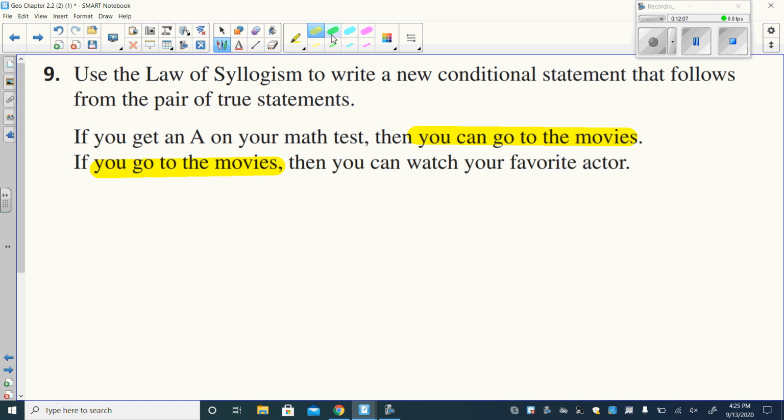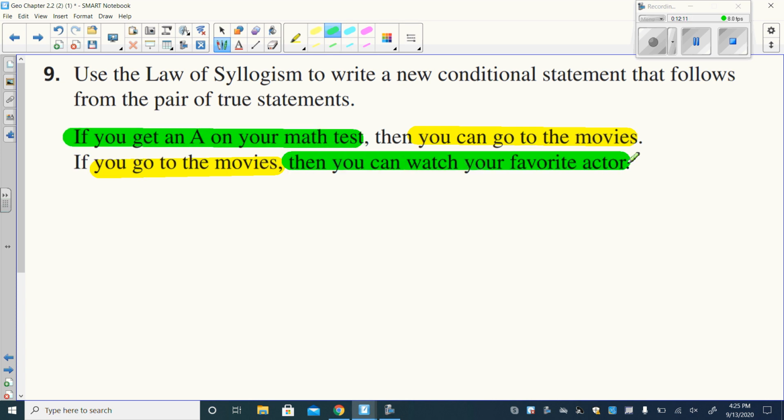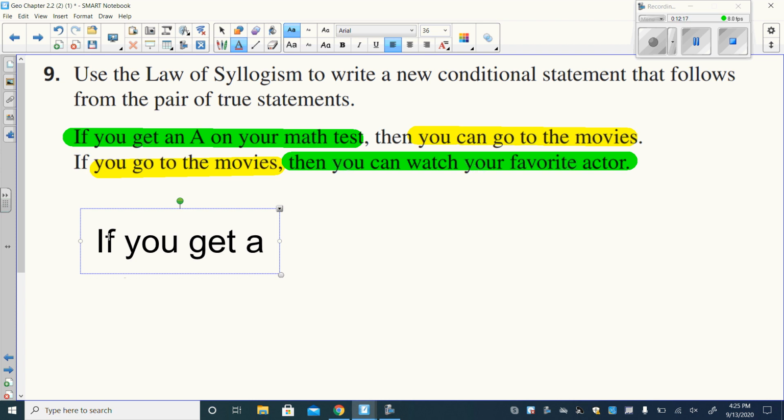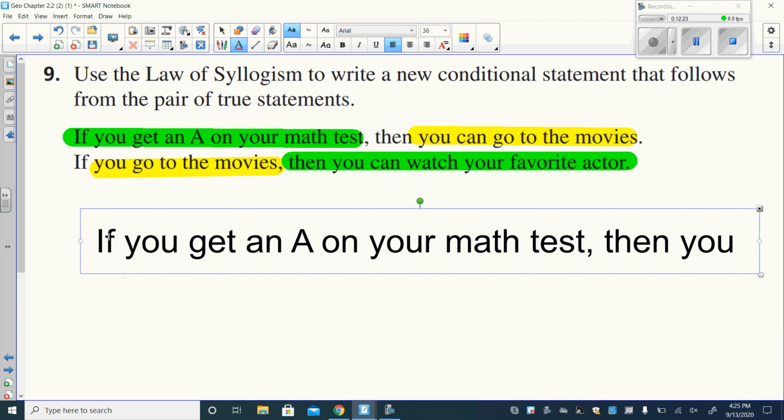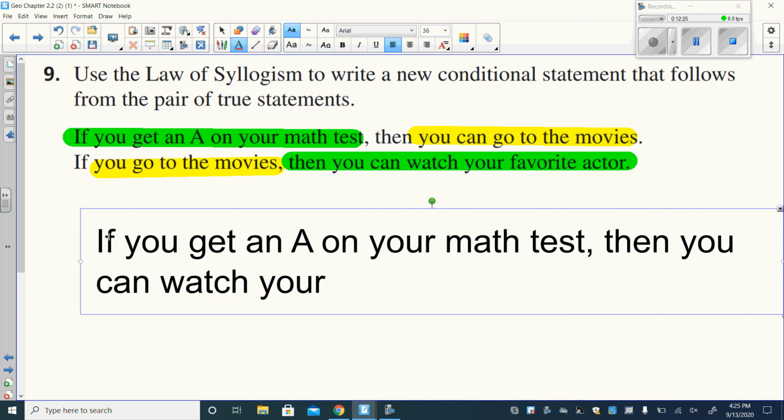That means this does work, and we would combine the other two. So our new statement would be: if you get an A on your math test, then you can watch your favorite actor. And that's all we have to do for this here.